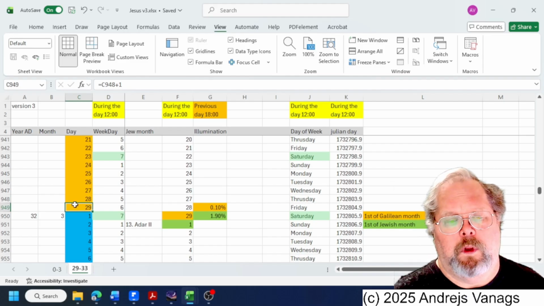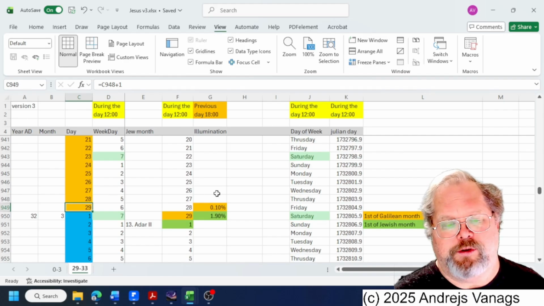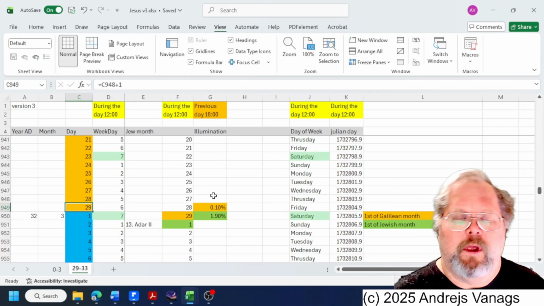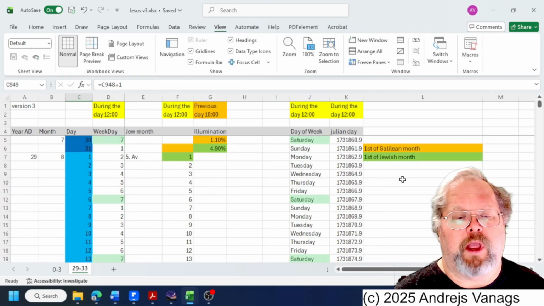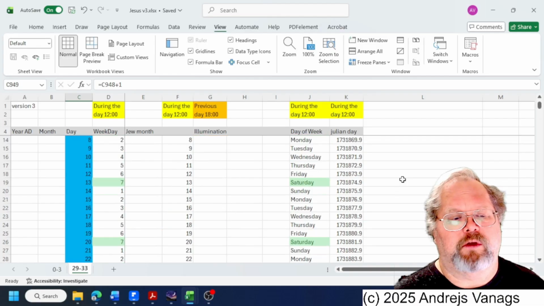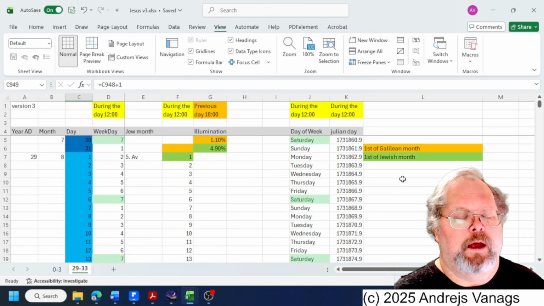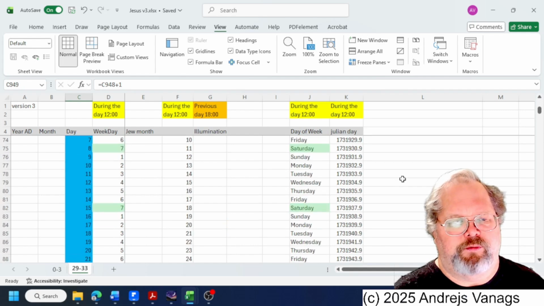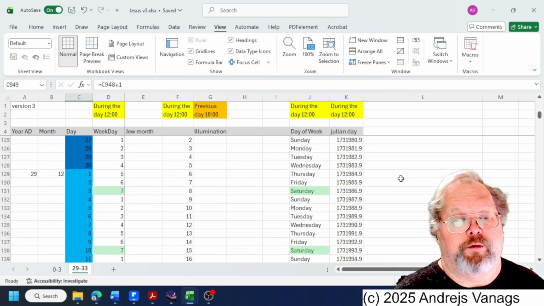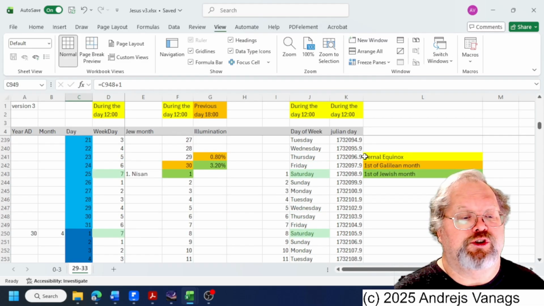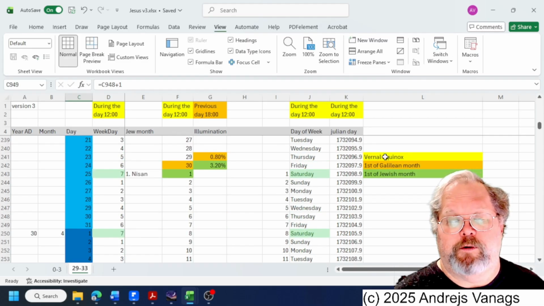To be able to check the intercalary month on the Jewish calendar, we need to figure out when the spring equinox, also called the vernal equinox, happened. That happened around March 23rd. So we can check on that, March 23rd, vernal equinox.